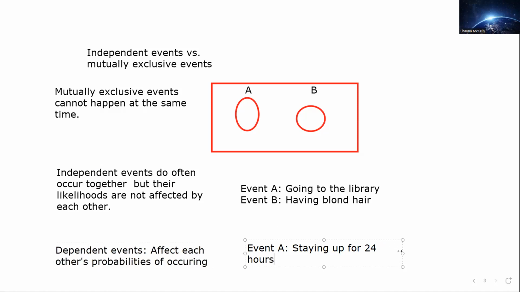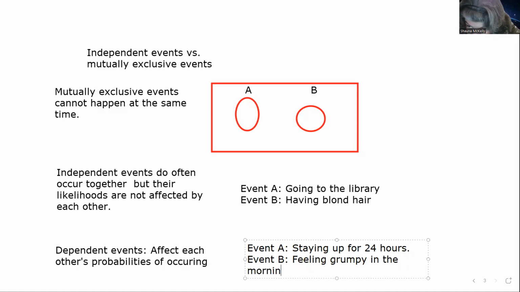And event B is feeling grumpy in the morning after you stay up.